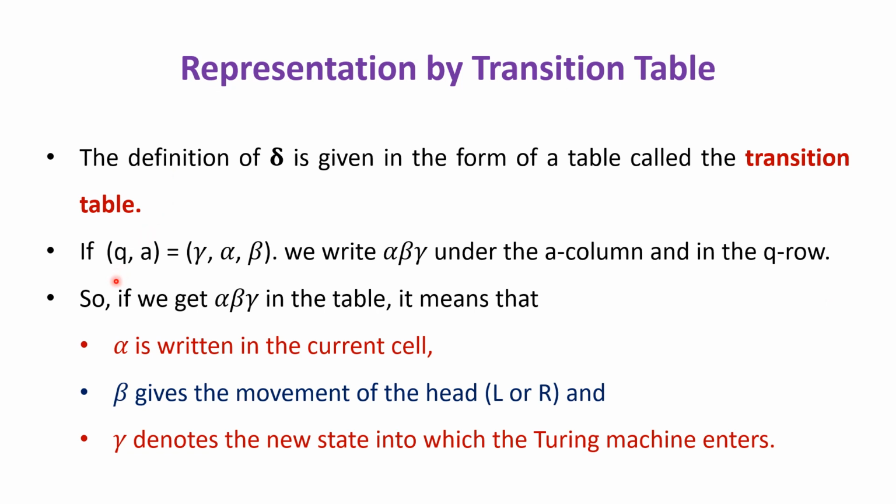If delta of Q comma A is equal to gamma, alpha, beta, we write alpha, beta, gamma under row Q, column A. So, if we get alpha, beta, gamma in a table, it means that alpha is written in the current cell, beta gives the movement of the head towards the left or right, and gamma determines the new state in which the Turing machine enters.